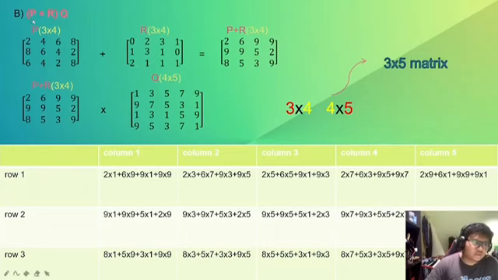The question asks us to add matrix P and R and multiply by Q. As you can see, matrix P is a 3 by 4 matrix. The same goes for matrix R, which is 3 by 4.